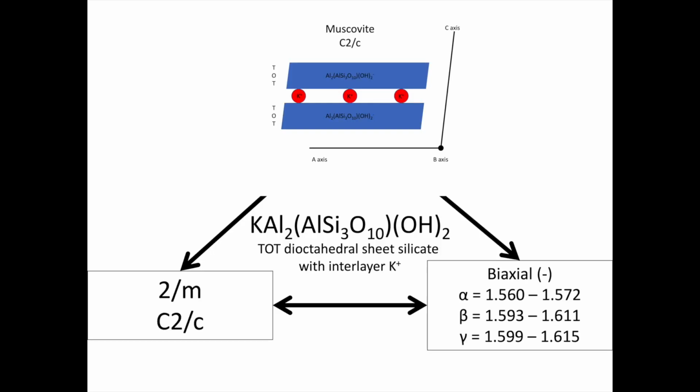Back out to the big picture, we talked a bit about the chemistry and structure of our muscovite, and taking a closer look at our oriented muscovite plates, the main crystallographic feature that we're seeing here is that cleavage plane. That's why these muscovite plates are so perfectly flat, because of that perfect cleavage that only cuts the C crystallographic axis.